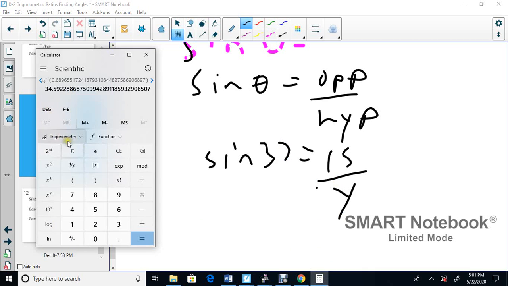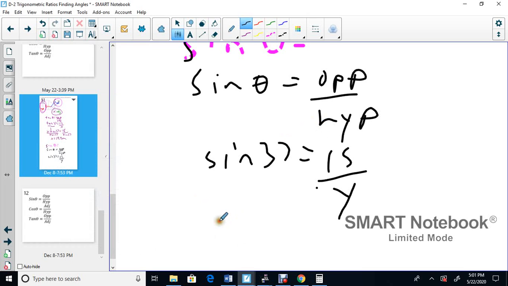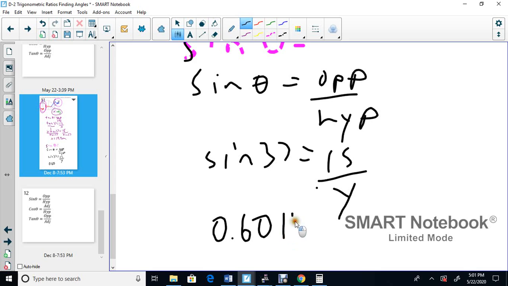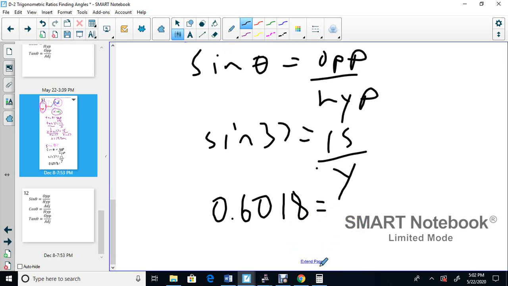First we put the numbers in, 37, then we pick sine. It gives us a decimal: 0.6018 equals 15 over y.